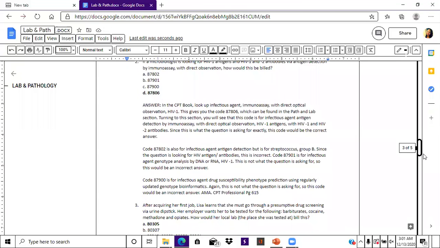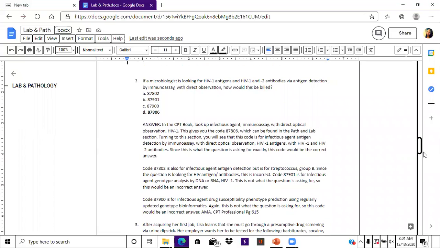Number 2, if a microbiologist is looking for HIV-1 antigens and HIV-1 and 2 antibodies via antigen detection by immunoassay with direct observation, how would this be billed?